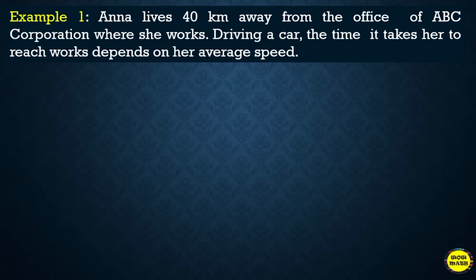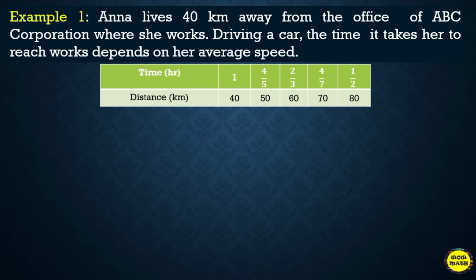Anna lives 40 km away from the office of ABC Corporation where she works. Driving a car, the time it takes her to reach work depends on her average speed. Given the table of values, we can see the speed and the time.